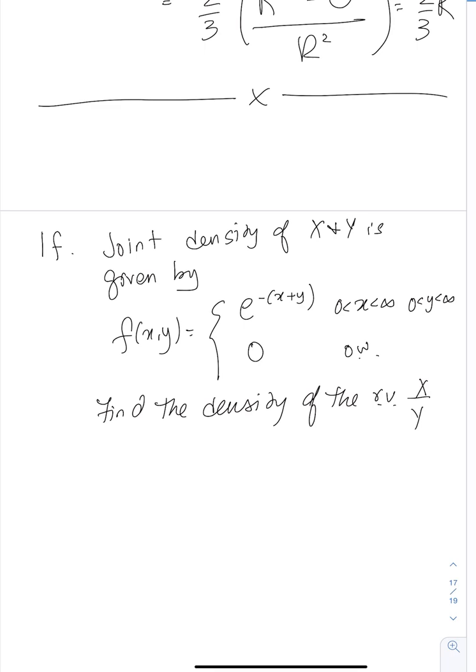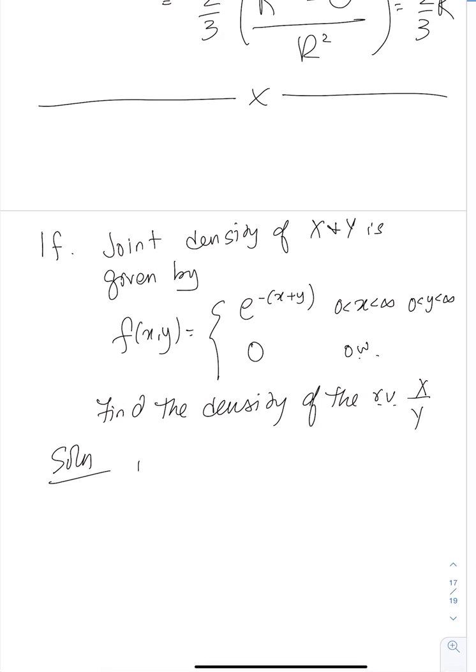Okay, so what do you do? Just like you did when you had functions of random variables in chapter 5. What you have over here is a function of random variables x and y. To find the density of a function of random variables, you always go via the CDF.